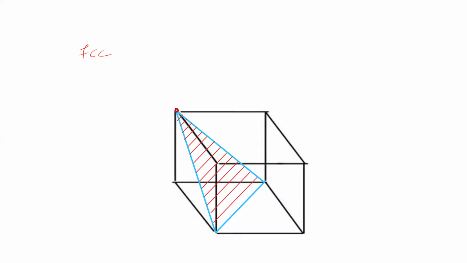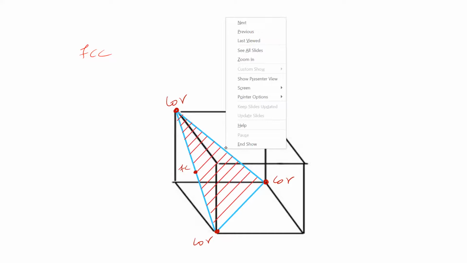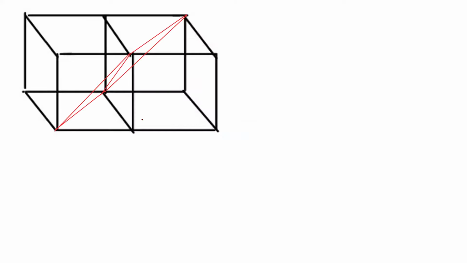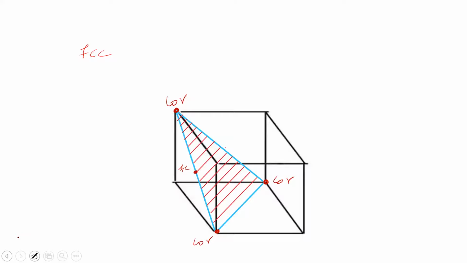This is a corner, this is a corner, this is a corner, and this is a corner. Then this is a face center, this is a face center, this is a face center, and this is a face center.